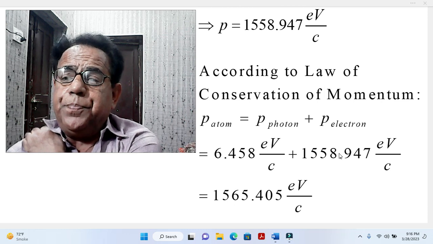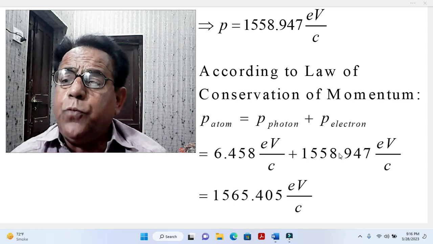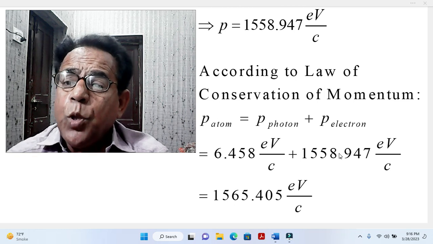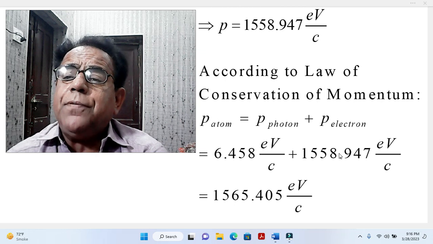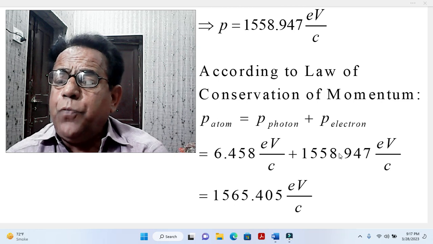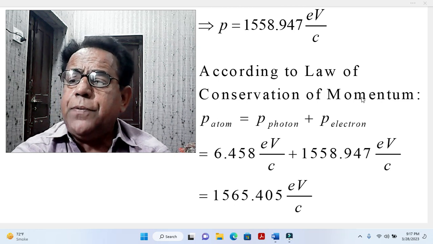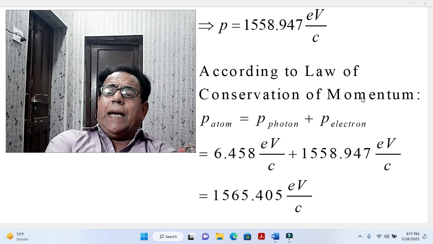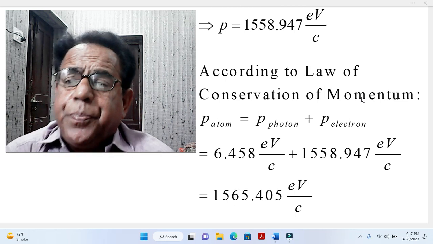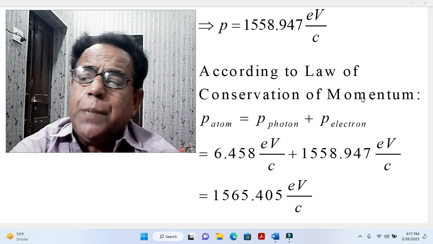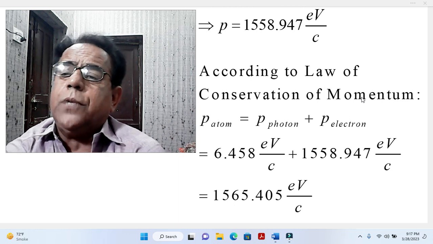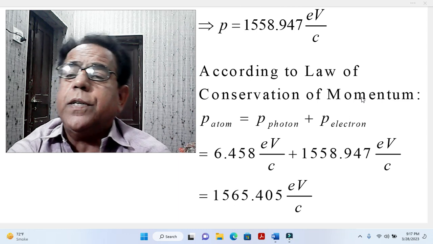Momentum of photon we have calculated in the previous step, and momentum of electron we have also calculated in the previous step. So both are given and we are just going to add these two quantities. Then momentum of atom will become 1565.405 electron volt over c.